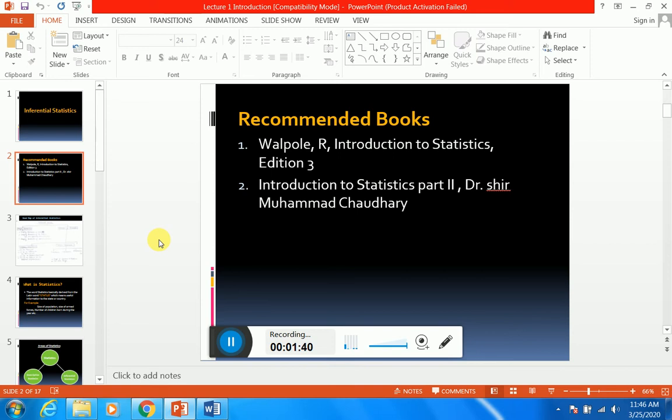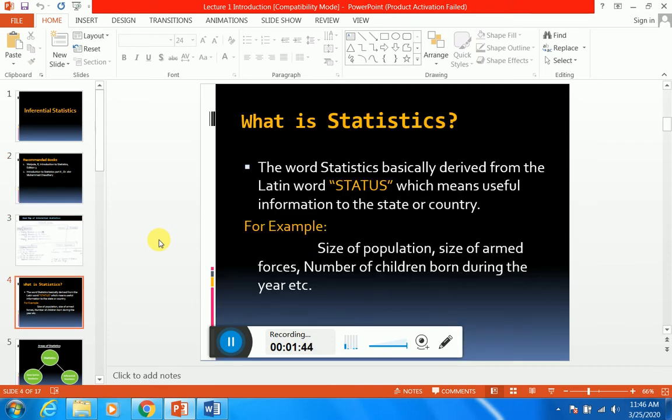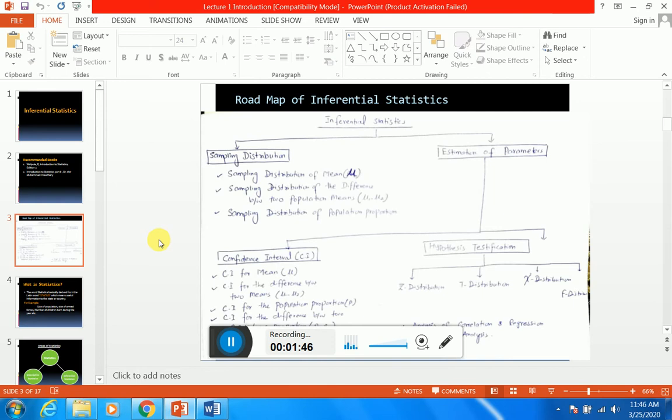Now, what do we basically cover in this course? That is a roadmap of your whole course, of what we are going to cover. Students, the inferential course is basically divided into two parts, or you can say two sections.